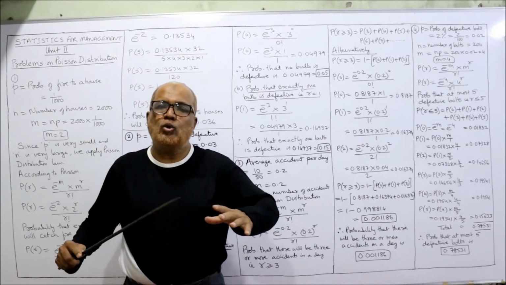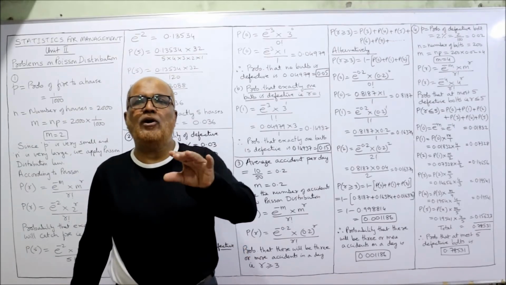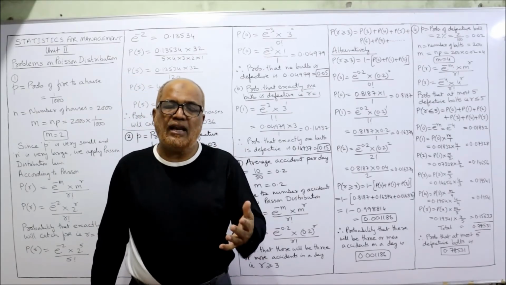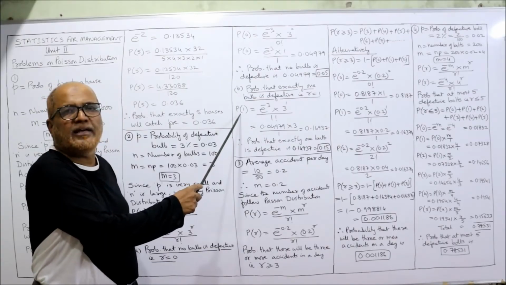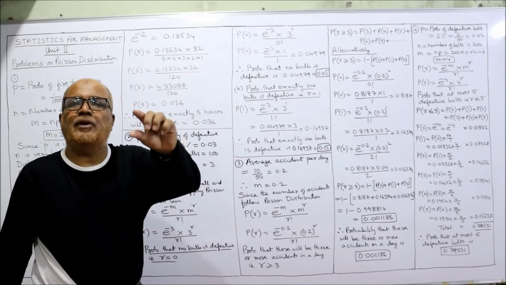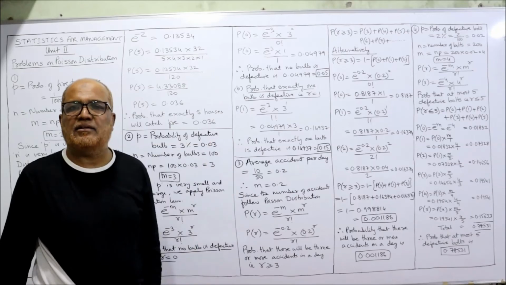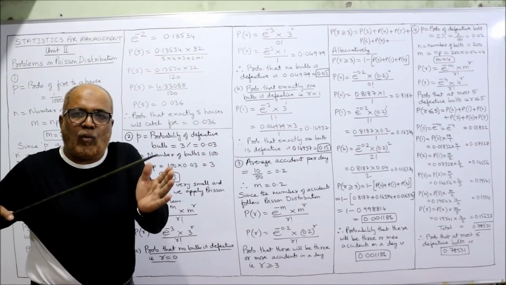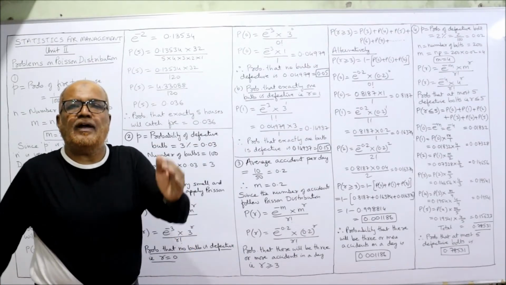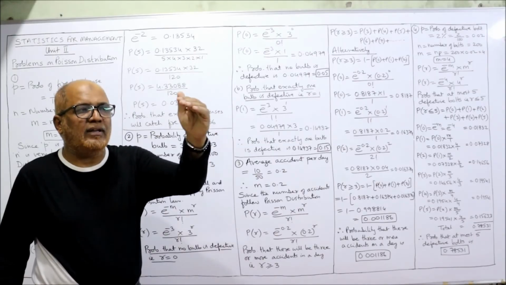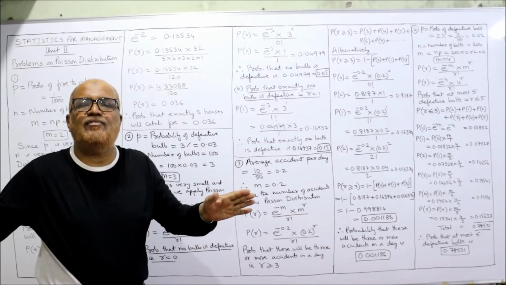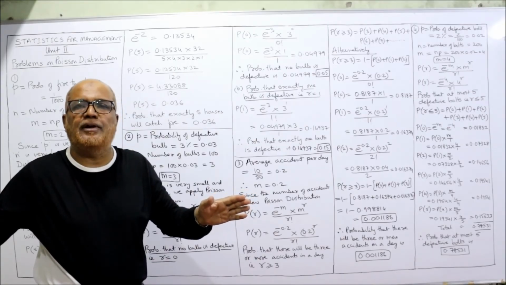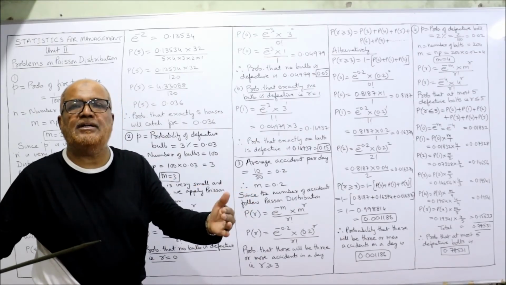Now P of 0. See here, there are 2 methods of calculating the P of r values. Either individually we can calculate, every time applying the formula for P of 1, P of 2, P of 3 like that. Or, if you want them in sequence, that means P of 0, then P of 1, then P of 2, then P of 3, then P of 4, there is a shortcut method.